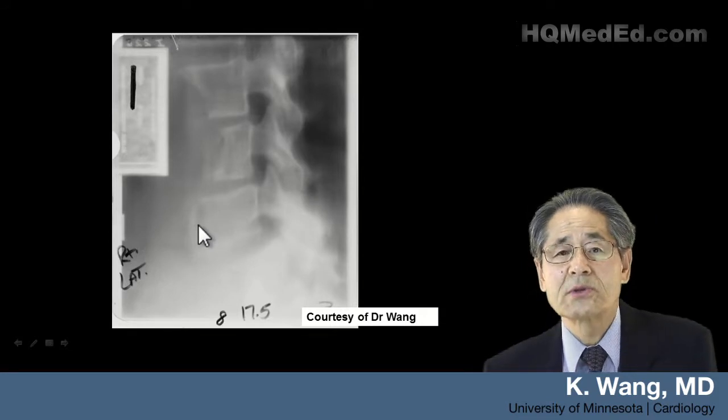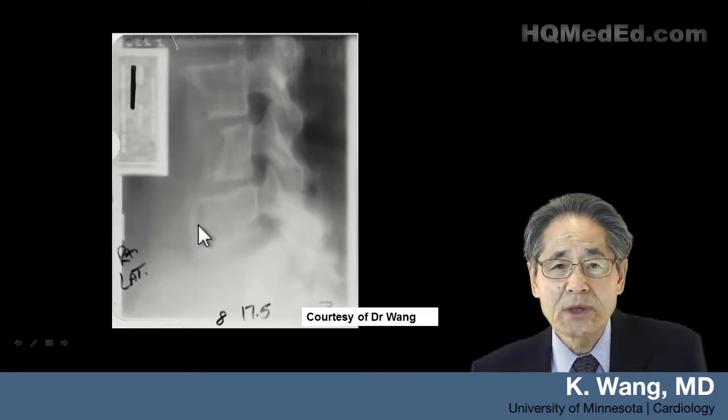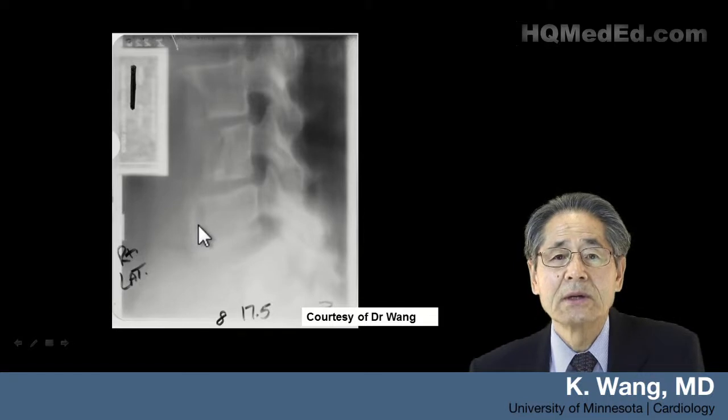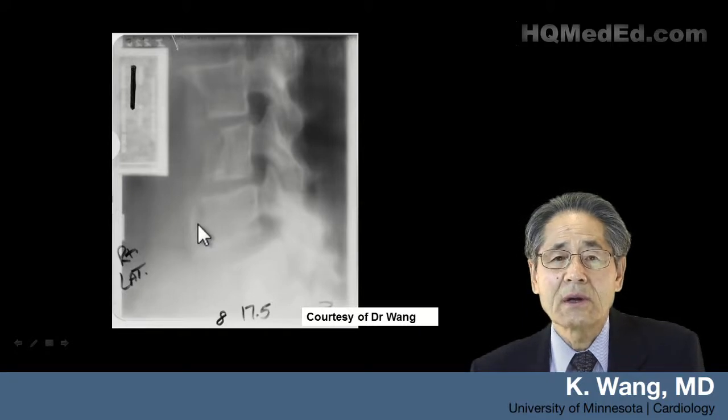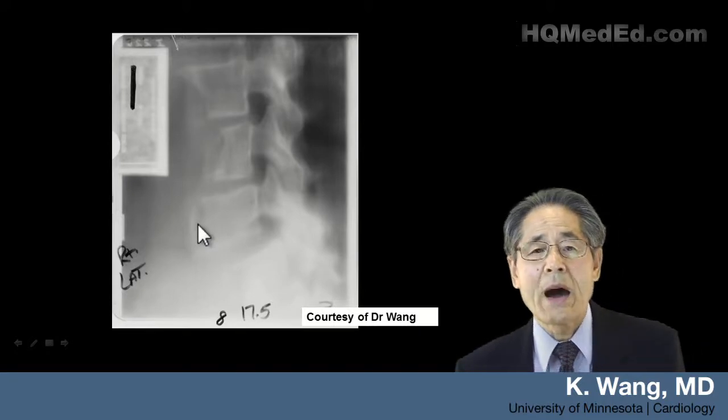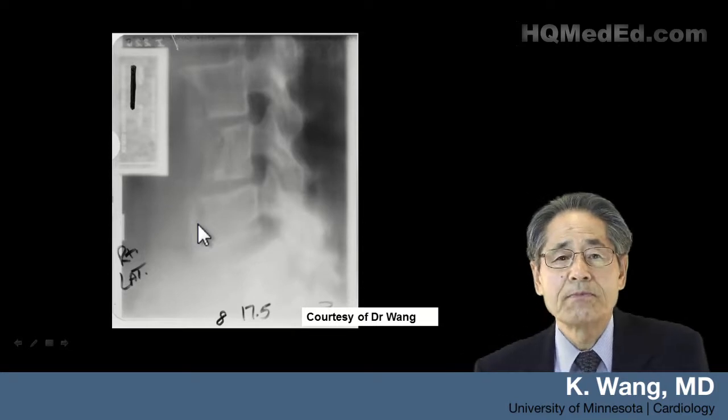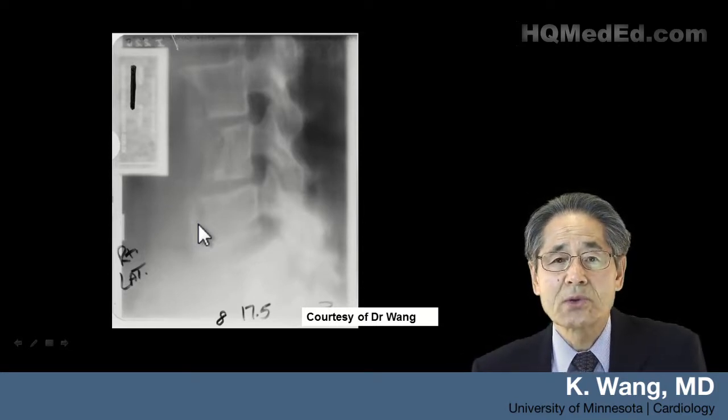Remember, we are supposed to look for rib notching in coarctation. In coarctation, the increased intercostal arteries will pound against the lower margin of the rib, causing pressure necrosis or erosion. And that's what rib notching is in coarctation.